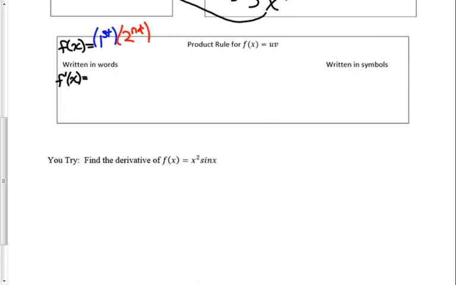the second term times the derivative of the first term plus the first term times the derivative of the second.